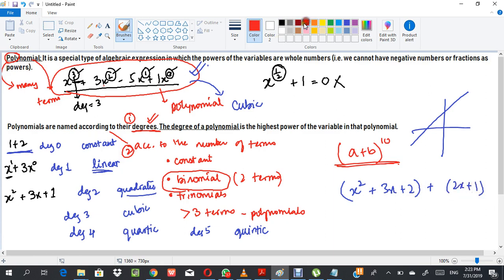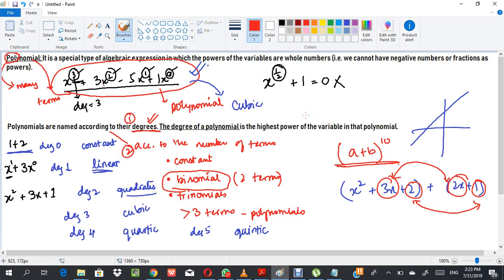It's simple. What we'll do is we will add the like terms together, or with subtraction we'll subtract the like terms together. That means addition can take place between the terms of a polynomial sharing the same degree. I hope this is clear.